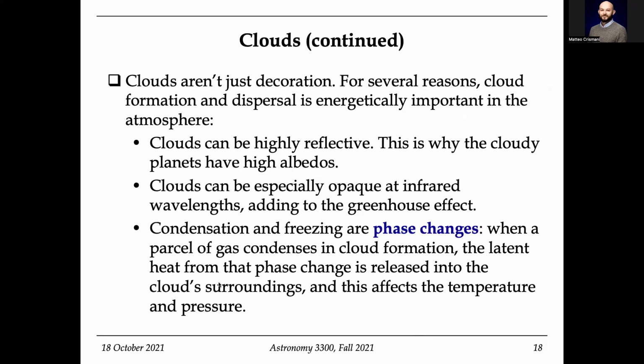So in particular, the latent heat is released into the cloud's surroundings. So from the process of condensation, you get rid of heat. Right? So you notice here that I'm going in this direction, I have to add additional heat. So if I'm going this direction, for me to do this, I have to get rid of that heat.